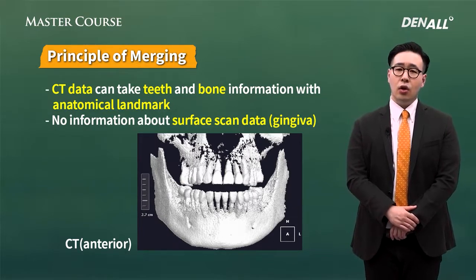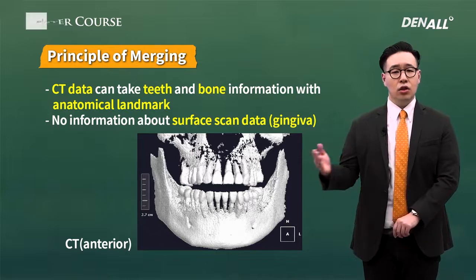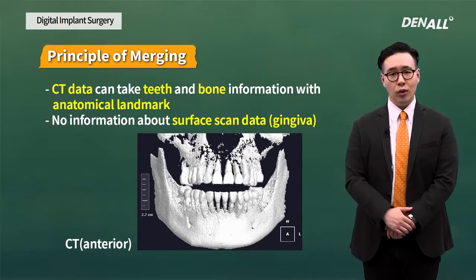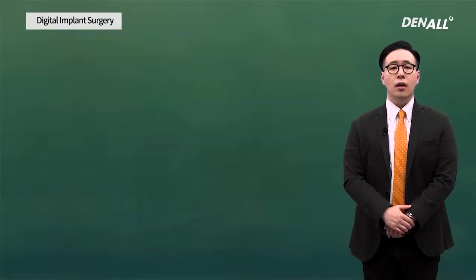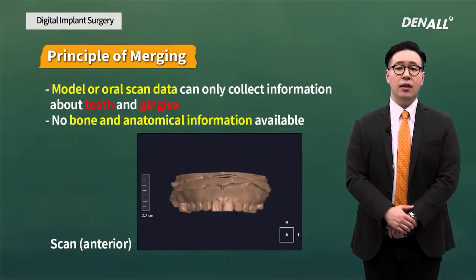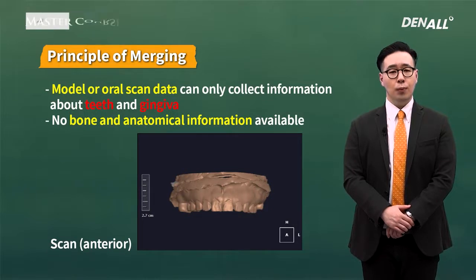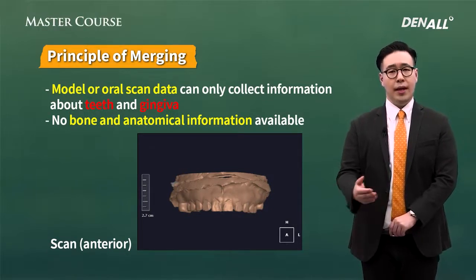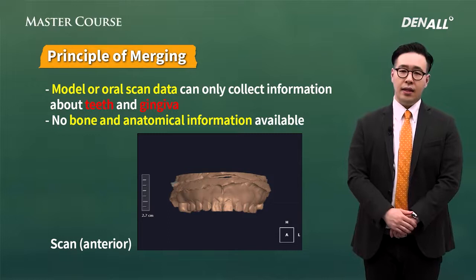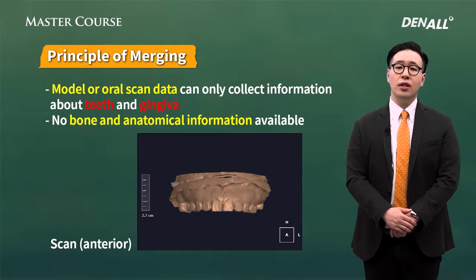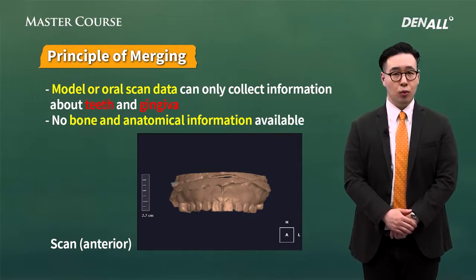CT data is the basis for accurate implant positioning after merging. The surface scan data has information on teeth and soft tissue surface but not bone surface. The scan data is the basis for fitting of a guide in tissue and prosthesis.